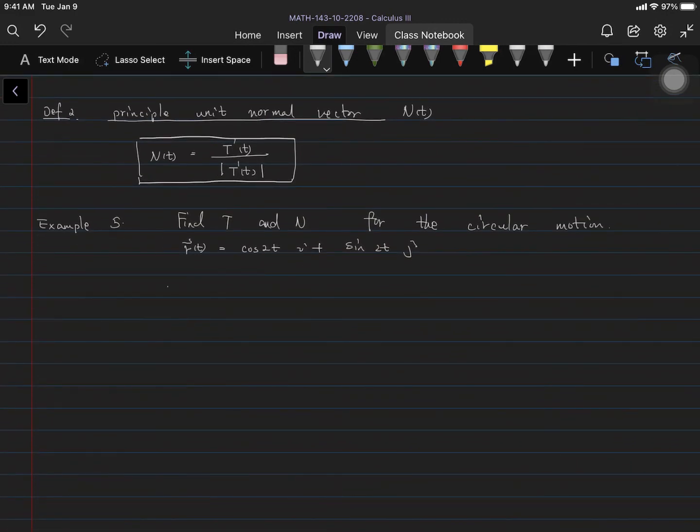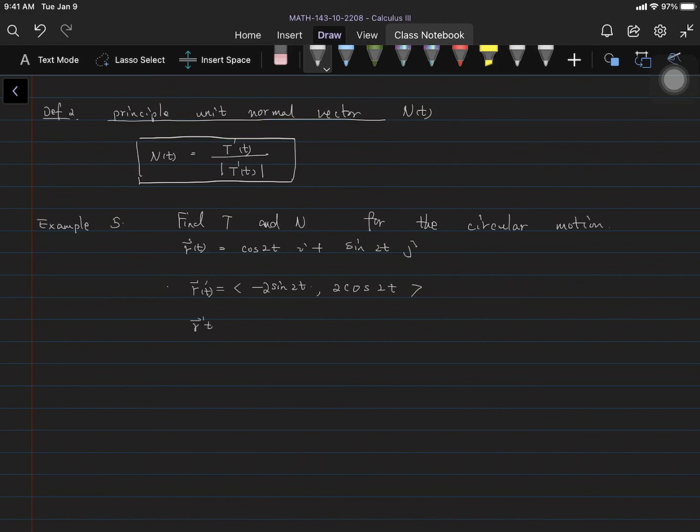For the tangent vector, we just take the derivative, right? The derivative of cosine should be negative sine, but because we have the chain rule, times another 2. I'm going to write down the component form. I like to see this. Okay, r prime of t.